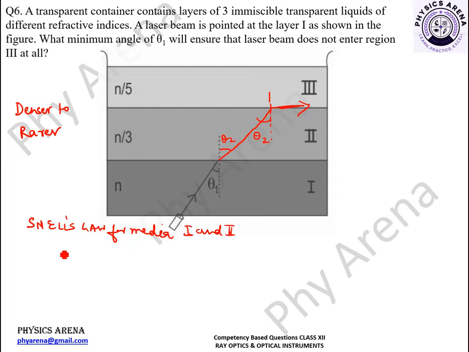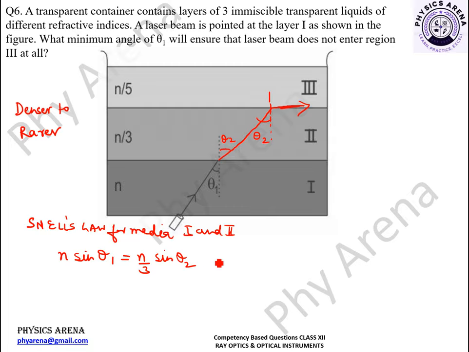I can write n sine theta 1 is equal to n by 3 sine theta 2. So mu 1 sine theta i is equal to mu 2 sine theta r. Here i is theta 1 and r is theta 2.